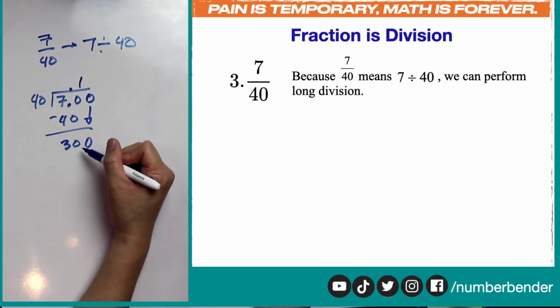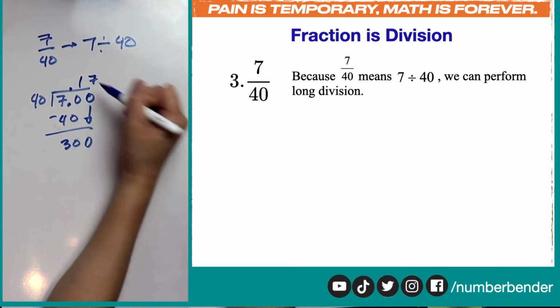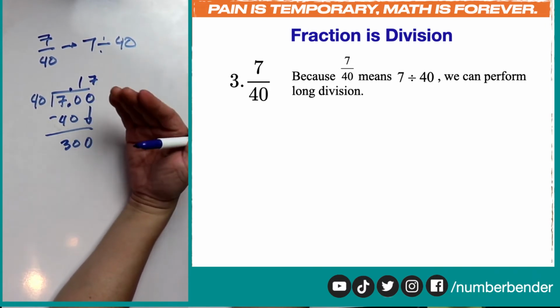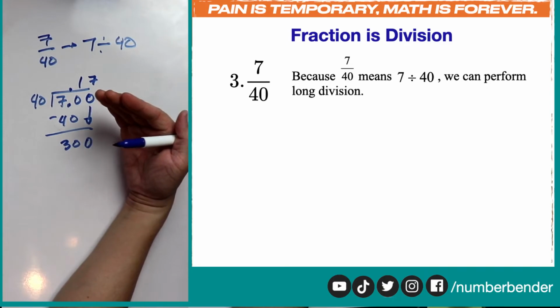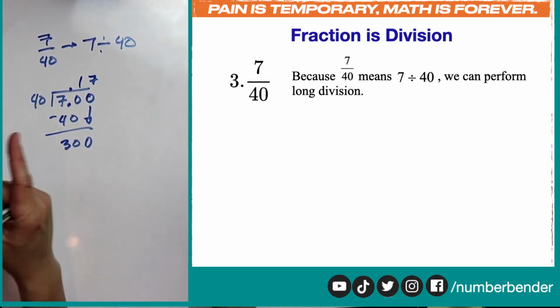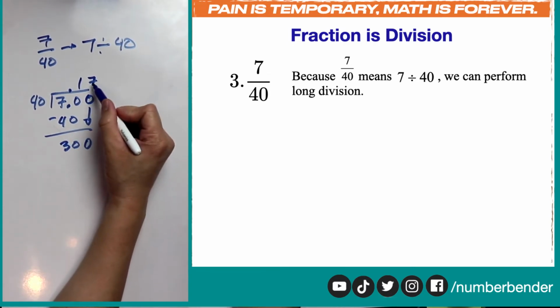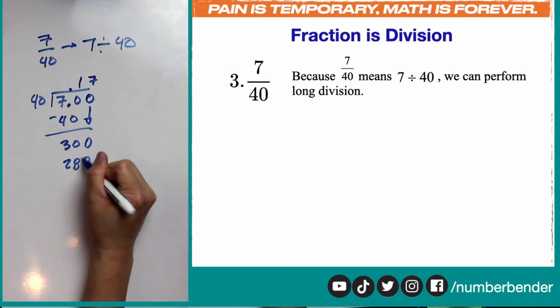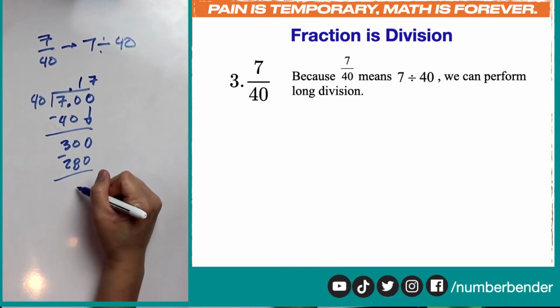And now 40 can go into 300 how many times? 7 times. So it's important that you have mastered your multiplication table to be able to confidently work out problems like this. So multiplication table is key. 7 times 40 is equal to 280, and 300 minus 280 is equal to 20.